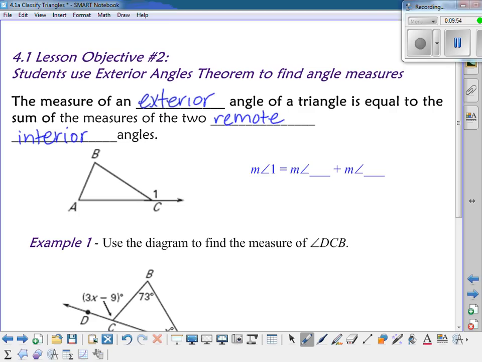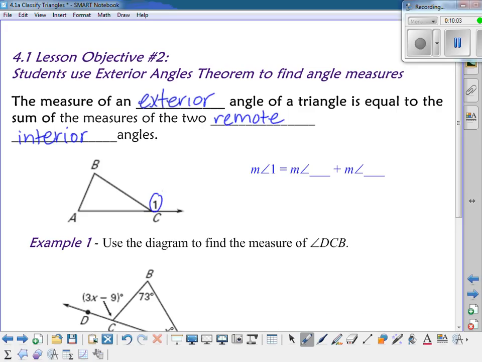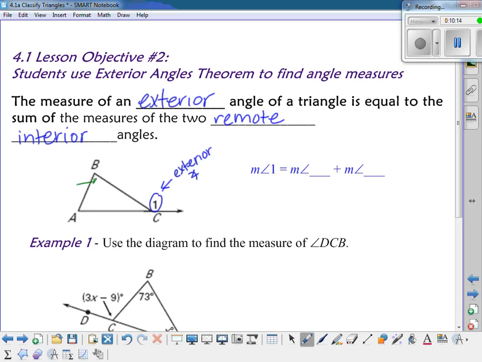So looking at the figure here, my exterior angle is angle 1. And then my remote interior angles are A and B. Those are my remote, meaning removed, not right next to it.